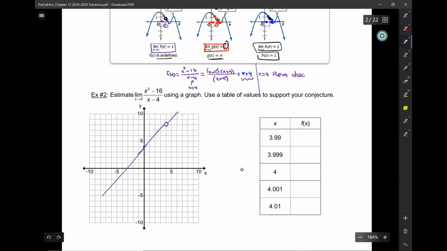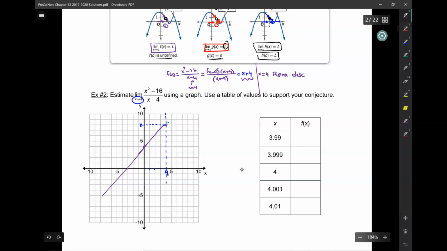So we need to find the limit as x approaches 4. Another way you can do this is draw an imaginary line at x equals 4, and then say to yourself, immediately to the left of that line, what is the y value of the graph? Well, that's right here, and it's 8. Immediately to the right of that line, what is the y value of the graph? That dot is super, super tiny.